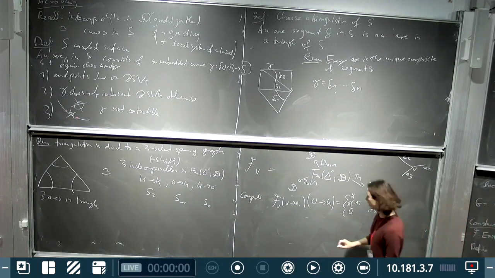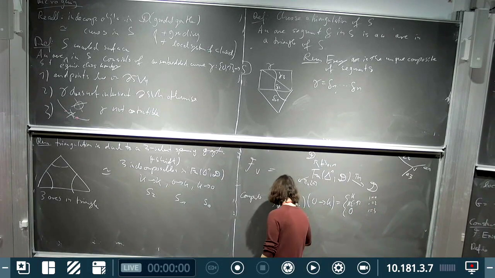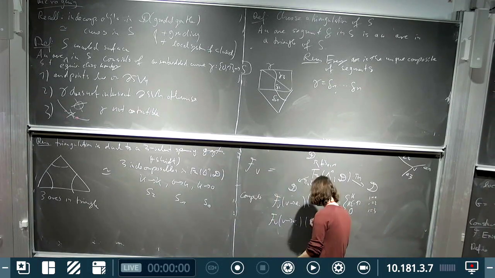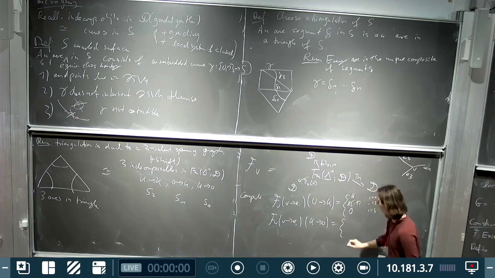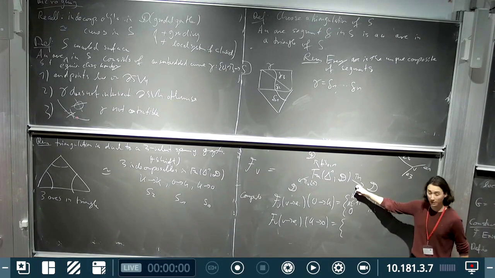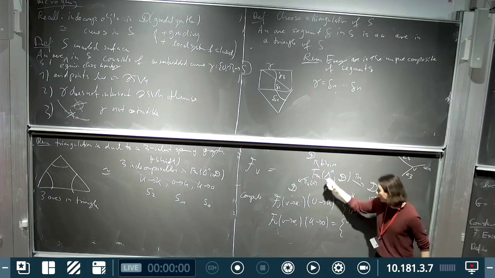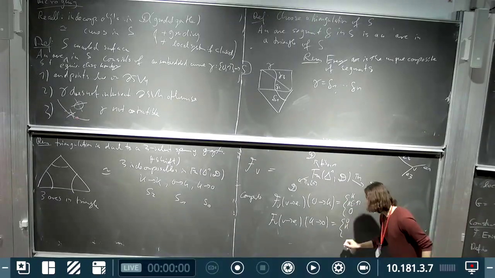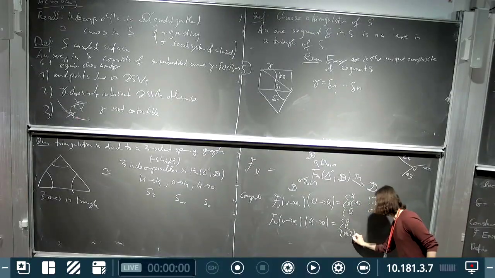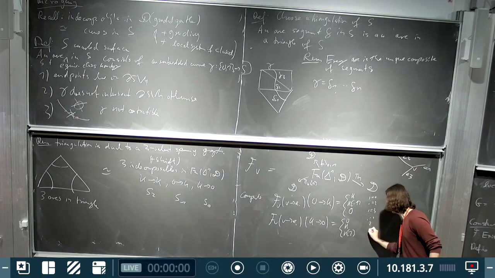Let's compute the next one. F_V from V to E_i of k to 0. Then pi 1 will be 0, the fiber of this map will be k, and pi 0 shifted by 1 will be k shifted by 1. That's equal to 1, 2, and 3.